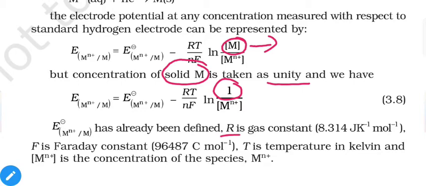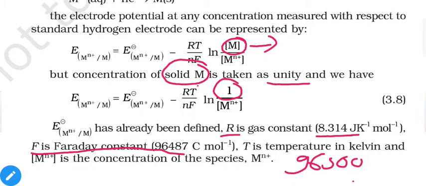Now the gas constant value is equal to 8.314 joules per Kelvin per mole. Faraday is a constant value and the exact value of F is 96,487, but we can use 96,500 for simplicity. And all the remaining values depend on the condition.